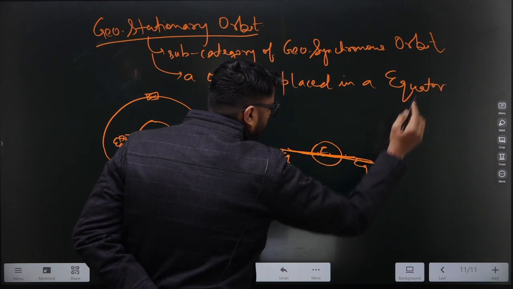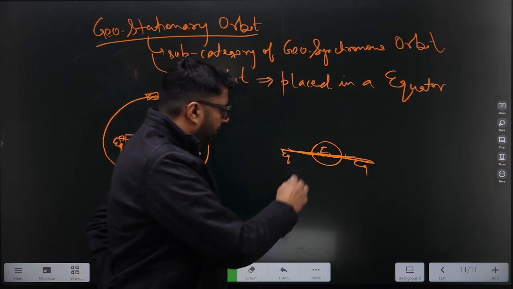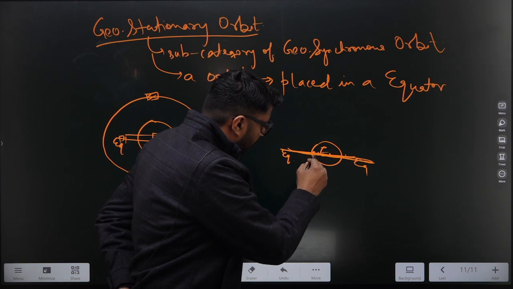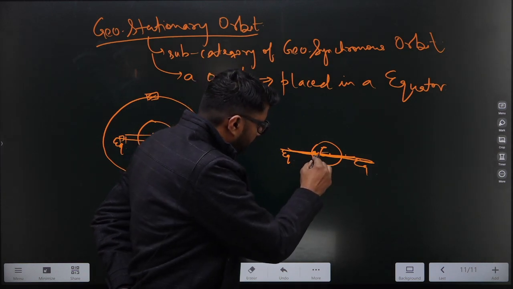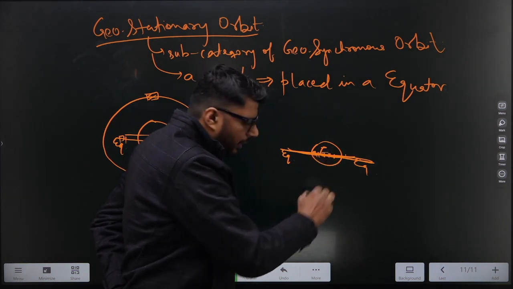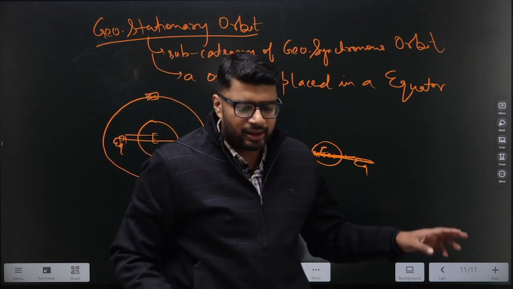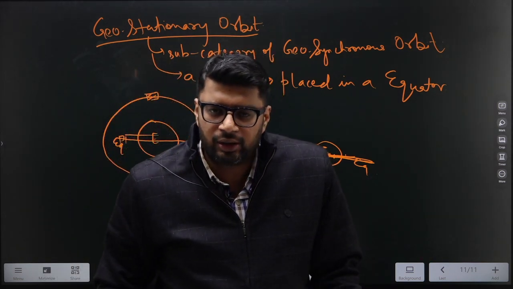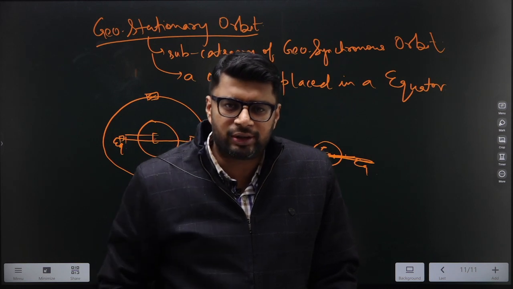We analyze this area, the equator. At a particular time the satellite is constant here, but it is on the equator line.